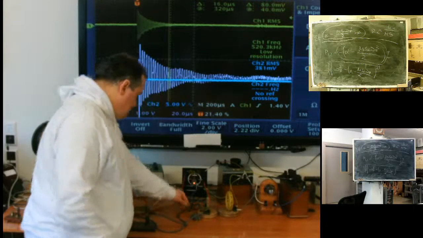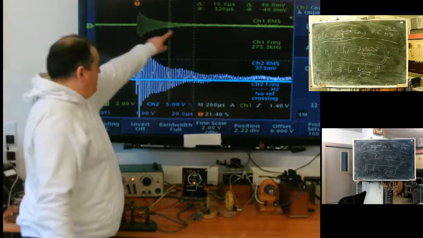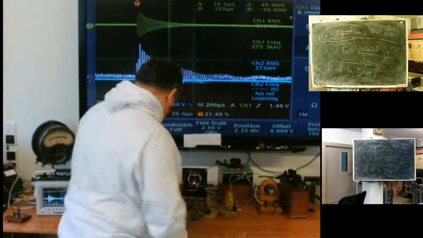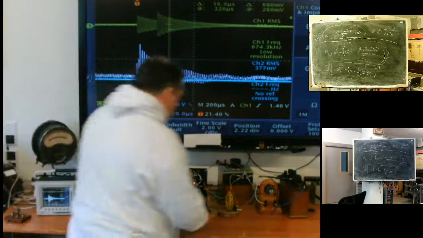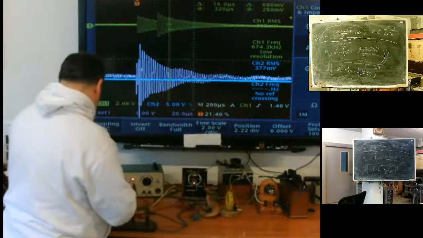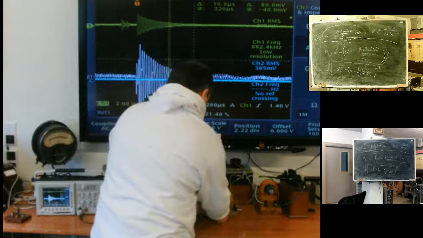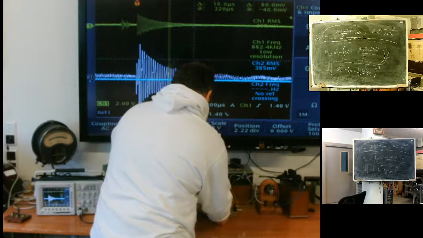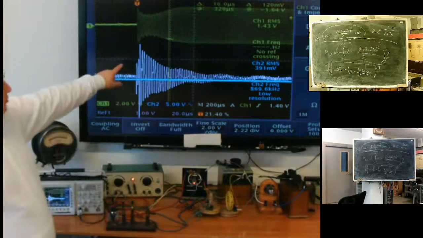A bit stronger. Still stable. One more millimeter. Stable. Still stable. The system is not stable.